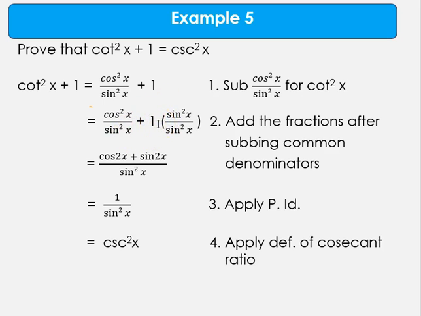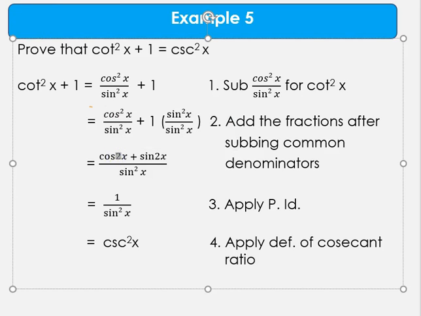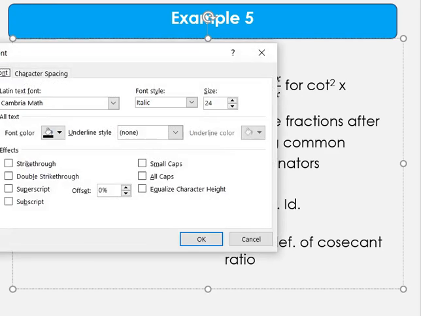Remember when you're adding fractions, you had to always change one so it had the same denominator? That's exactly what they're doing here. So now you can add across, and you have cosine 2x plus sine, and you know what? This is supposed to be squared. I'm sorry about that.